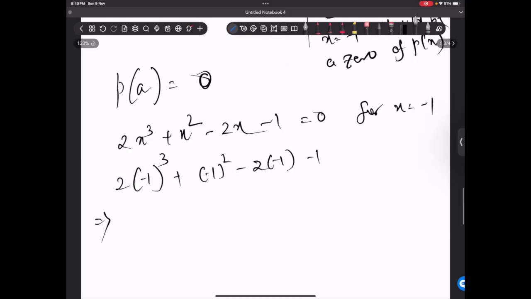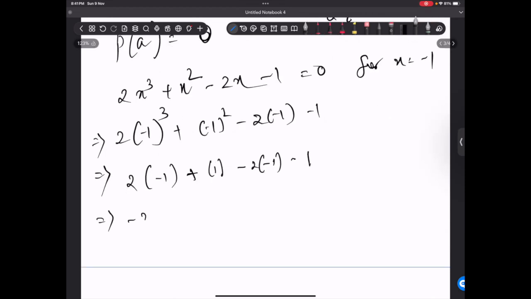This implies 2 of minus 1 cube, माइनस वन का क्यूब कितना होता है? माइनस 1 होता है, प्लस माइनस 1 का स्क्वायर 1 होता है, माइनस ऑफ 2 इंटू माइनस वन। यहाँ पे मैं थोड़ा और इसको ऐसे लिख दूं कि when we write this we basically mean minus 2 into minus 1.